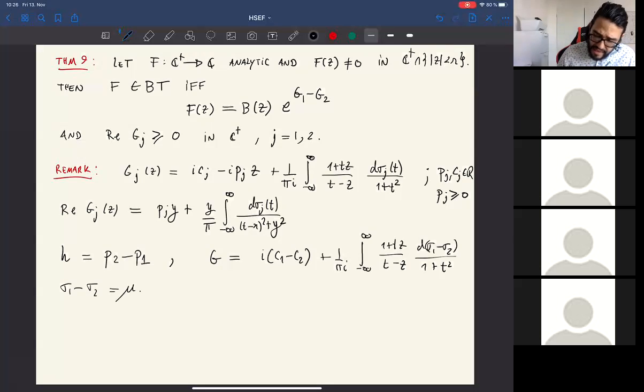Okay. And then he claims something. He claims that mu will be what's called a function of bounded variation, a locally bounded variation at least. And he defines the variation of that thing, but only if you integrate when you're dividing by 1 plus t squared. He says that this thing is finite.